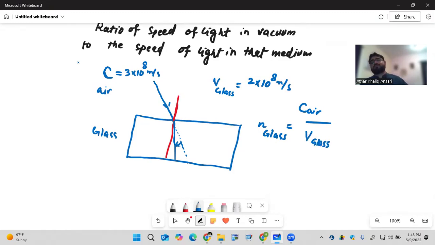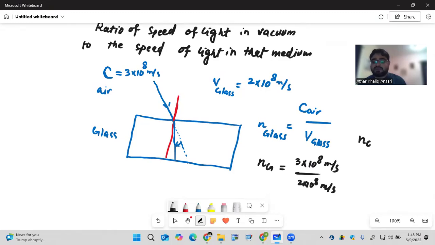When you divide these two, you get the refractive index of glass equal to 3 into 10 to the power 8 meter per second over 2 into 10 to the power 8 meter per second. That gives us that the refractive index of glass is equal to 1.5.